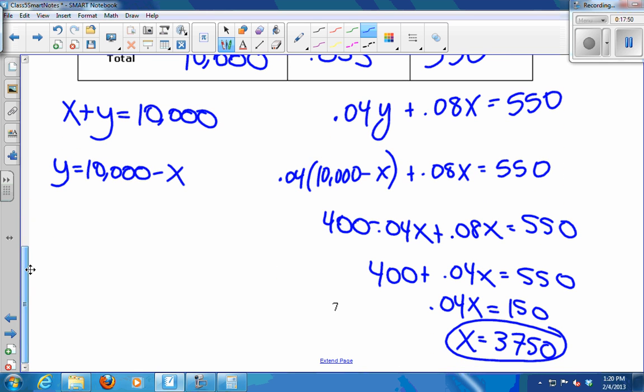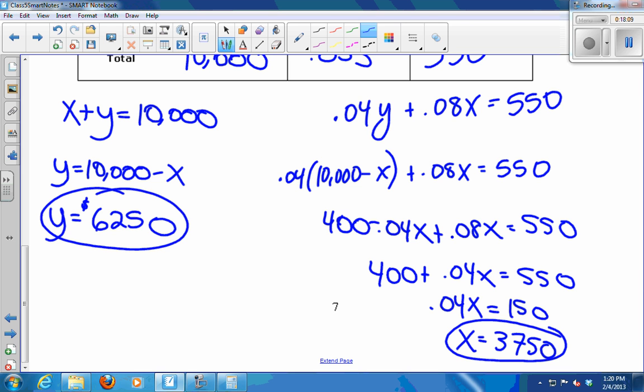And then y, the amount of money I put in low risk, is going to be 10,000 minus 3,750, which is 6,250. So this is low risk, and this is high risk.